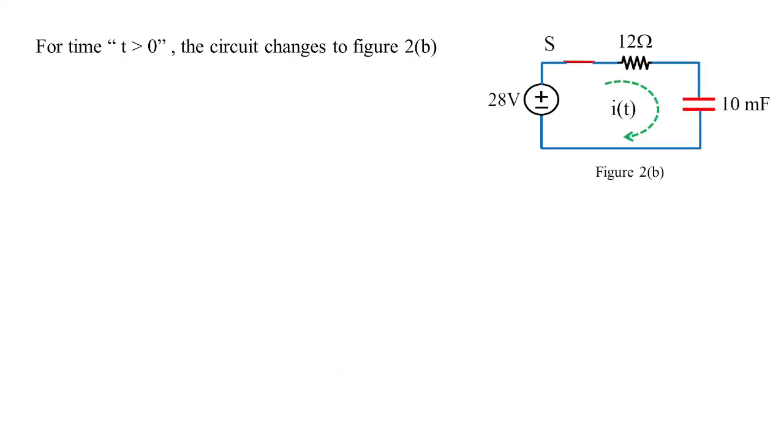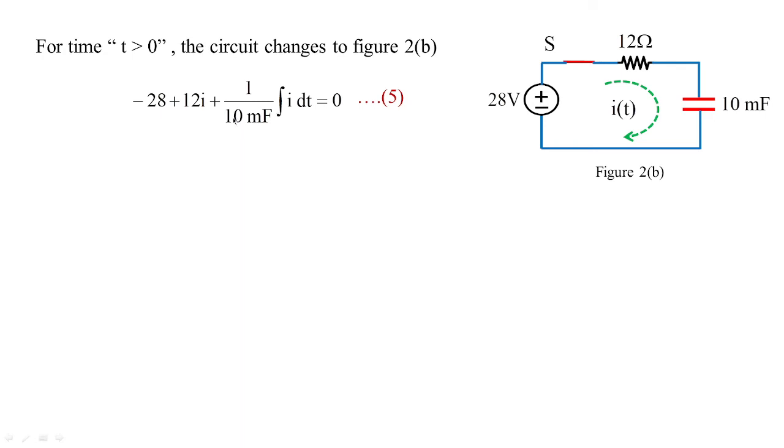Now for time t greater than 0, the actual circuit has the parameters connected to 28 volts. I'm applying Kirchhoff's voltage law, that is, the sum of voltage drops in a closed circuit is equal to 0. So you have minus 28 plus 12i plus 1 by C integral i dt, where 1 by C integral i dt is the voltage across the capacitor.